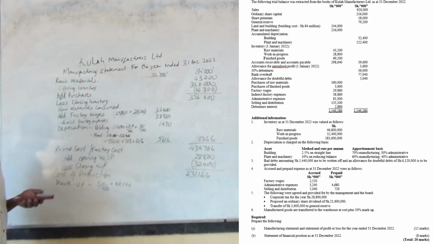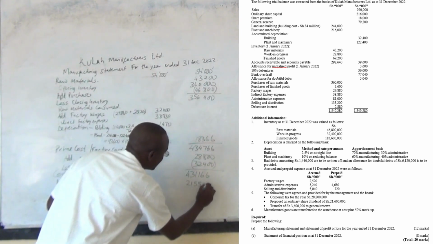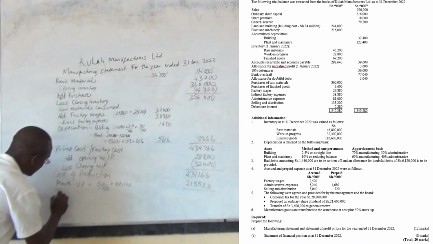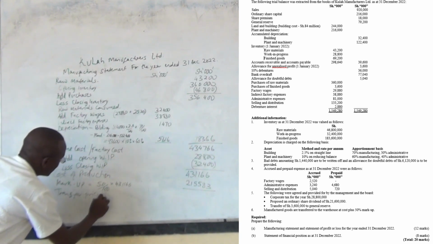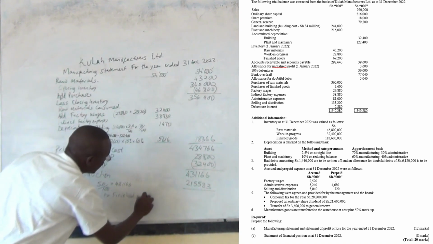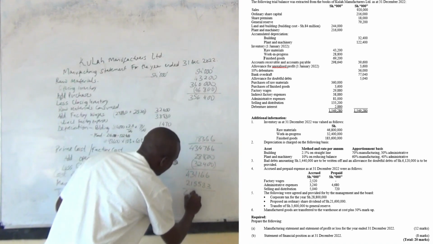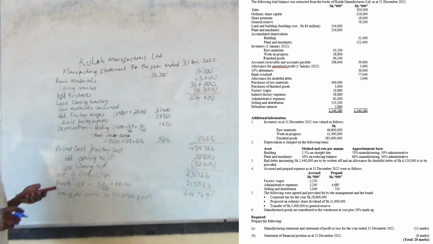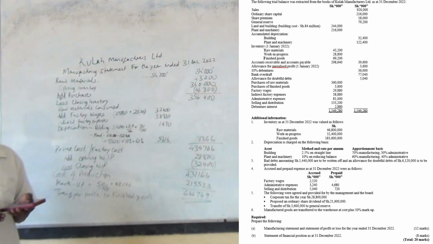You get 215,588. So now this will be the transfer price to finished goods. How much? 646,749. And that is our manufacturing statement, or manufacturing account.